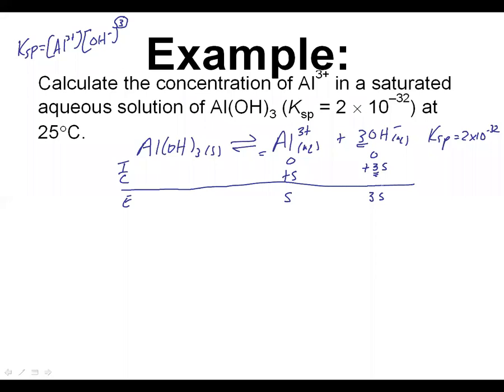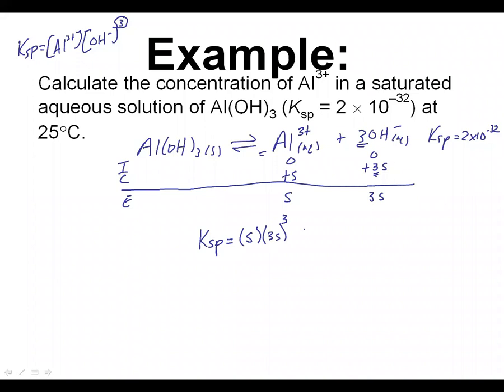So again, very much like a traditional ICE table, the important part here, like usual, is those coefficients and obviously the cubing of your Ksp expression in this case. And that's important because now we're going to take out those values and put them into our expression. So our aluminum equals S and our hydroxide equals 3S. And again, where people always forget, you've got to still make sure that you cube it.